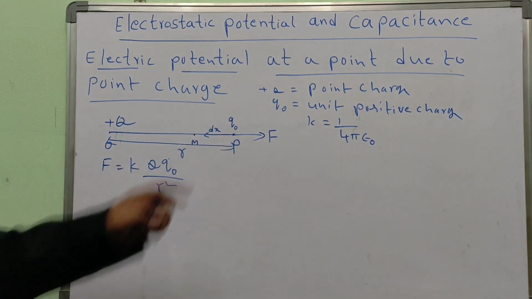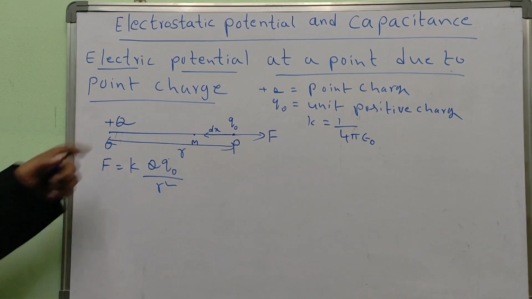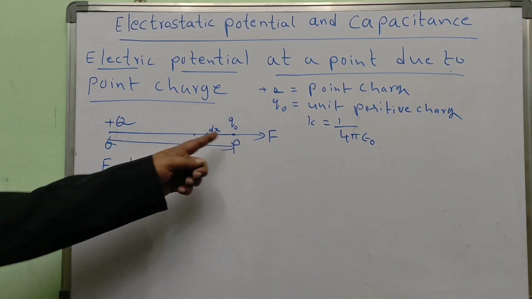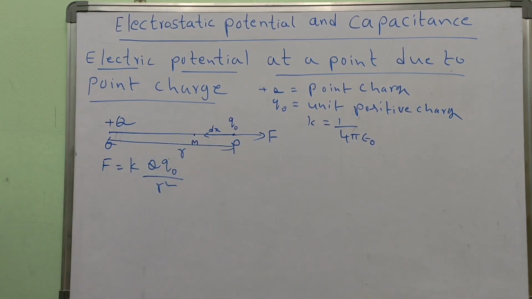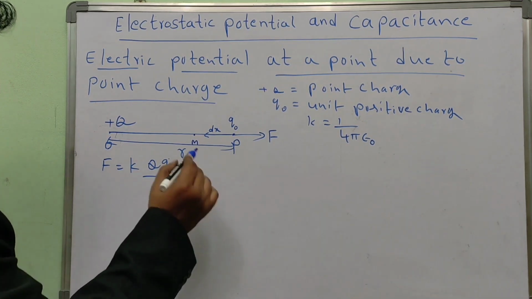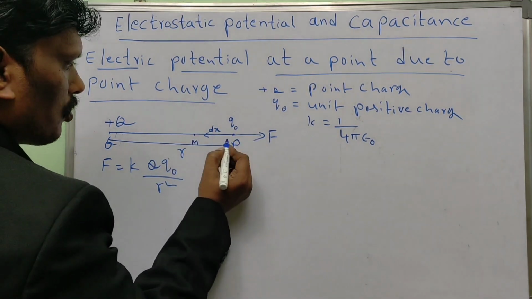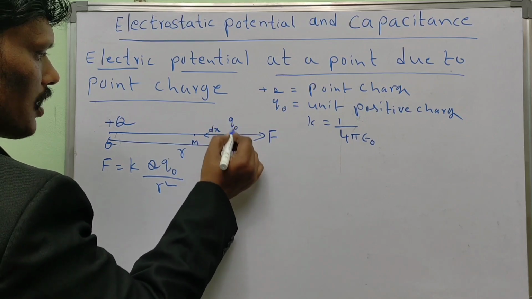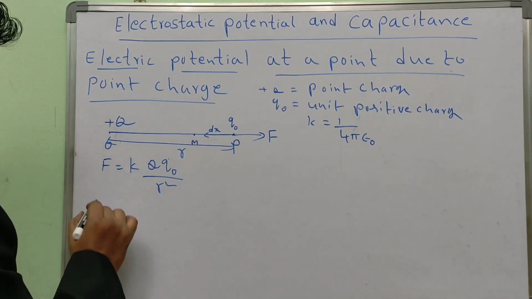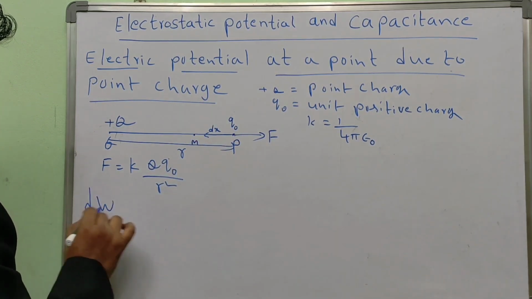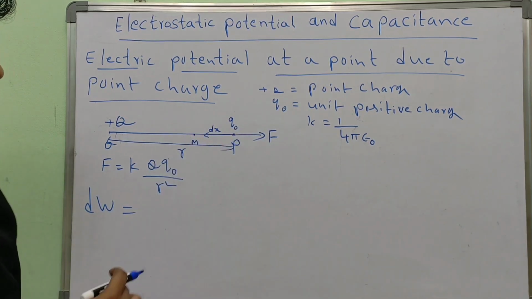This is the force experienced by q naught due to this point charge, which is placed at a distance r. Next, what is the work done to move the q naught charge from point P to M? Work done to move a small distance dx.